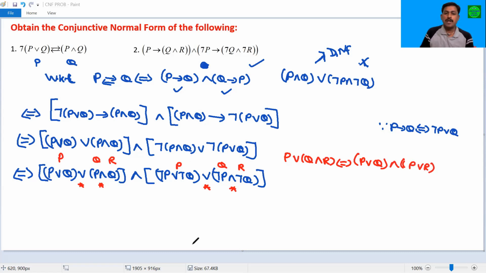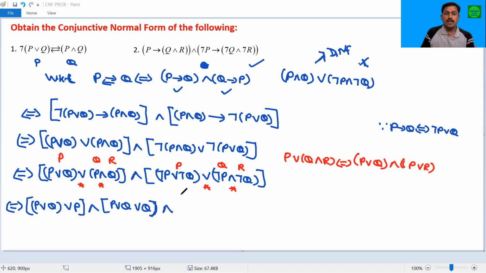Using this formula, I'm going to write the next step as: this is equivalent to, this is our P value, P or Q, Q value is P, and P or R. The P value is here again P or Q, or here the R value is Q. I applied that one, so this term is over.